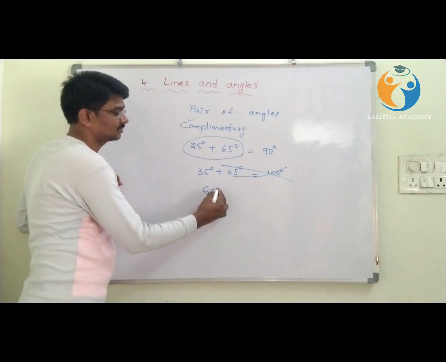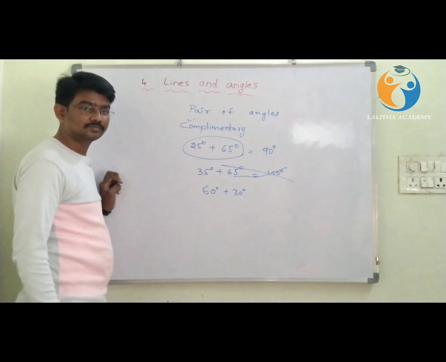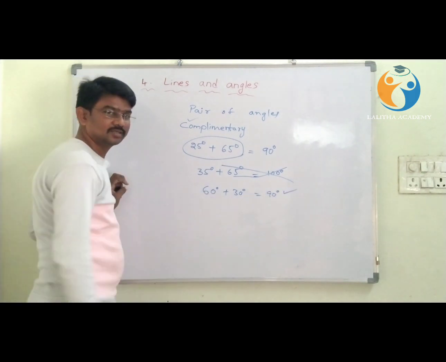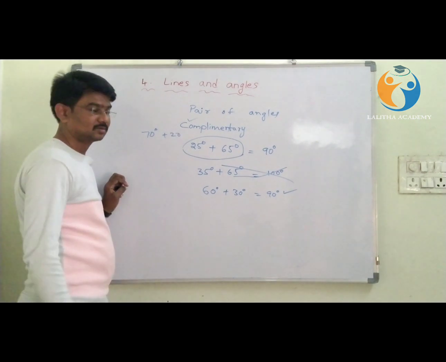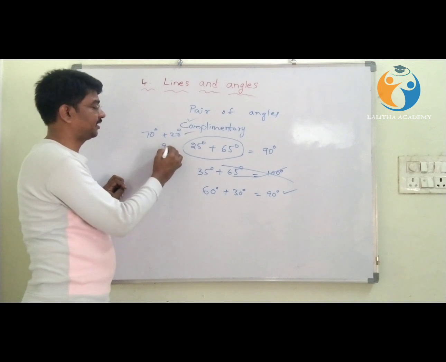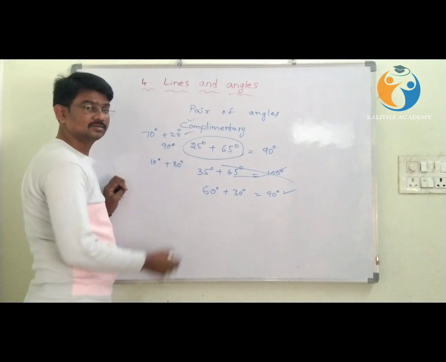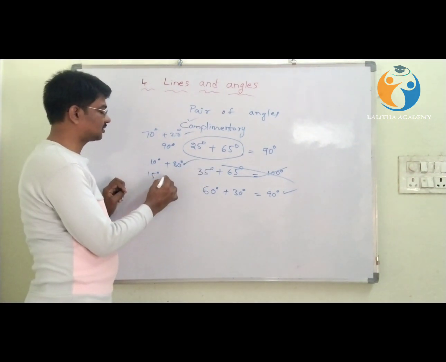60 degrees, one more 30 degrees. Complementary or not? Yes, 60 plus 30, 90 degrees. So, complementary. 70 degrees plus 20 degrees. Complementary, 90 degrees. 10 degrees plus 80 degrees. Yes, complementary. 15 degrees plus 75 degrees.